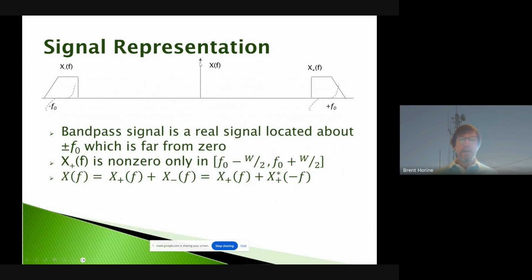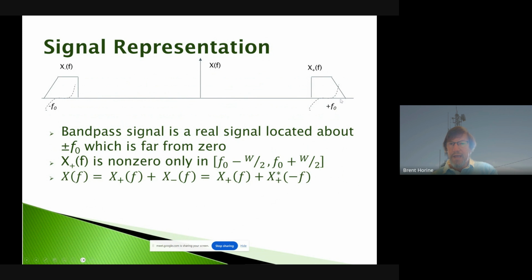All right, so a bandpass signal's similar, but now we've offset that to some frequency, which is far from 0. Far is completely relative here, but there's no energy at 0. So X plus of f is non-zero only in this region here, from f c, the center frequency, minus half the bandwidth to f c plus half the bandwidth.